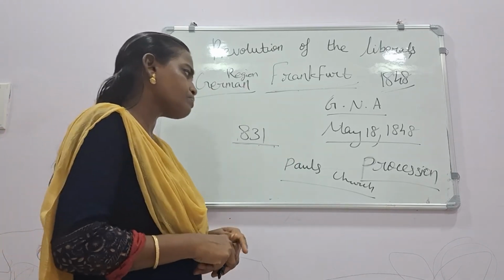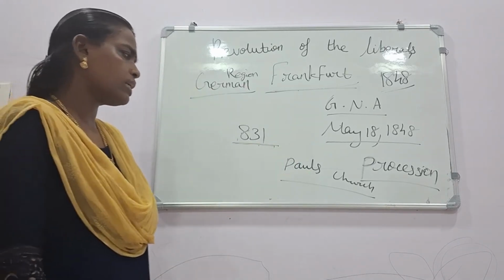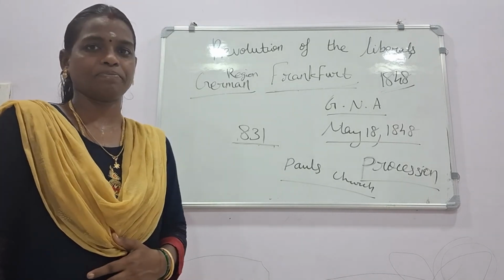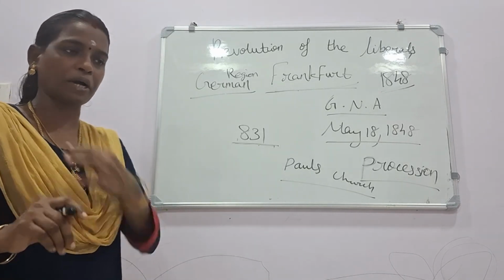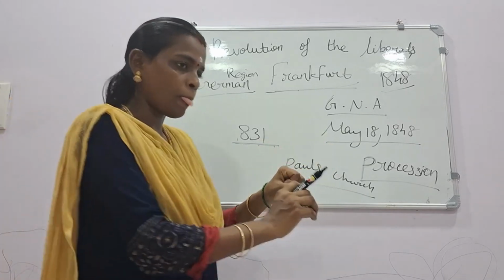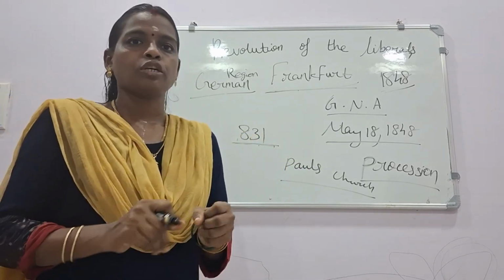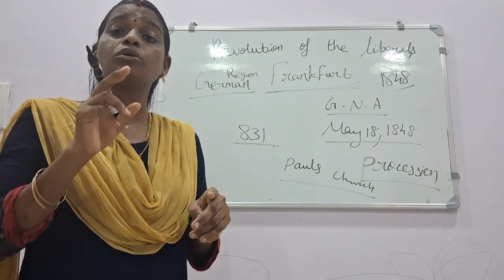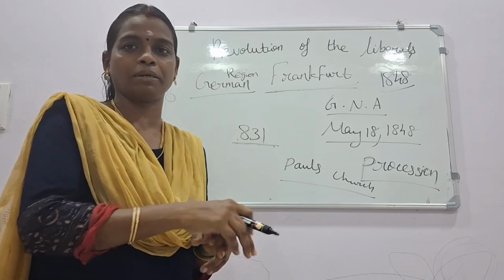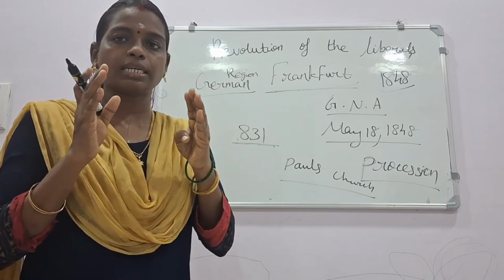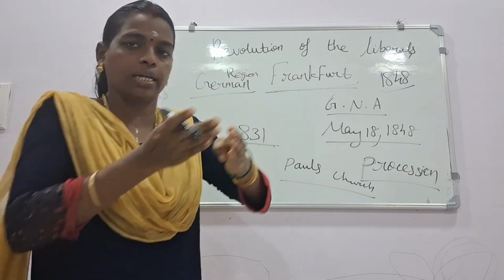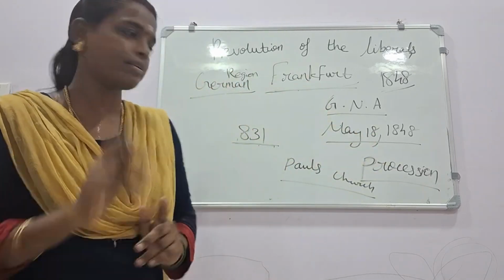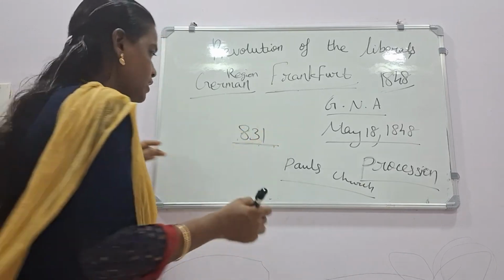And that meeting was conducted there. And they decided, listen to me carefully, this is the most important point, that in that meeting the members decided to form a constitutional government under a monarchy that is subject to parliament. One more time, they wanted to set up the constitution under a monarchy that is subject to parliament. What do you mean by that? Let me write on the board first.